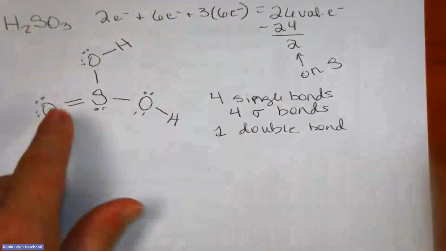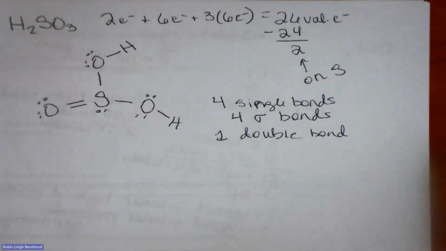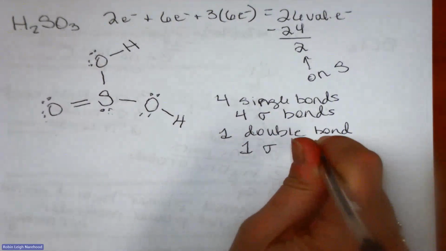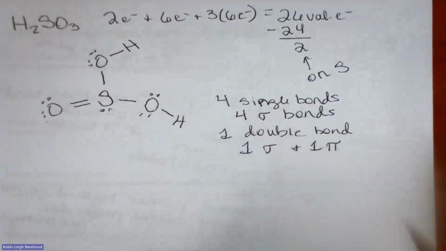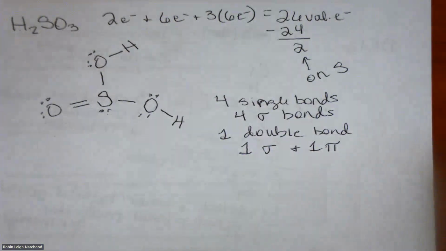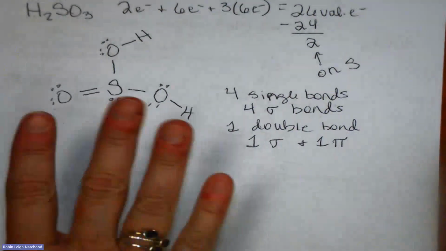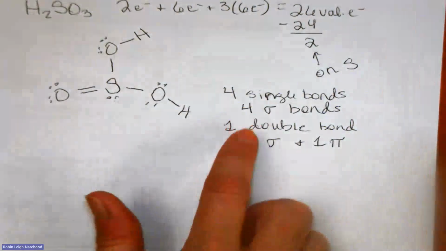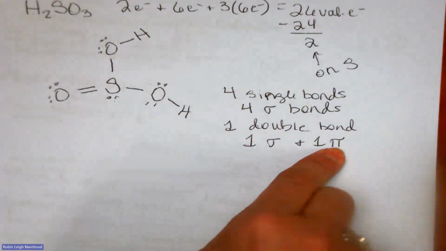And the double bond is 2 individual bonds. One of them is sigma, and one of them is a pi bond. So there's a total of 6 lines in our drawing, so 6 bonds total. 5 of them are sigma, and 1 of them is pi.